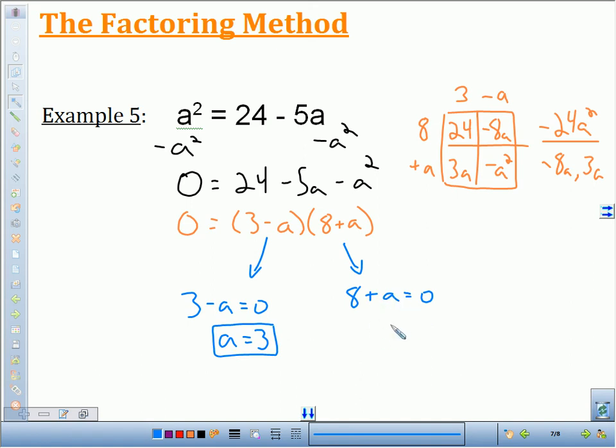If 8 plus a equals 0, then a equals negative 8. Again, I'm not going through the steps. If you're not sure how that works, give it a shot. Try and solve the equation, and you'll be able to work it out. So this quadratic equation crosses the x-axis at 3 and negative 8.